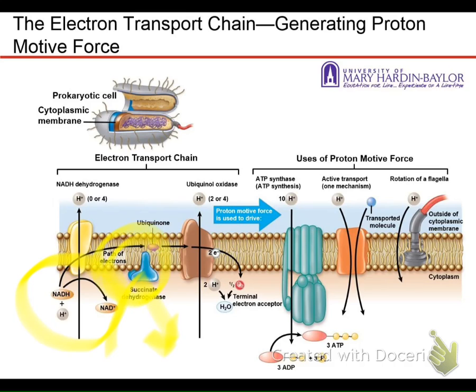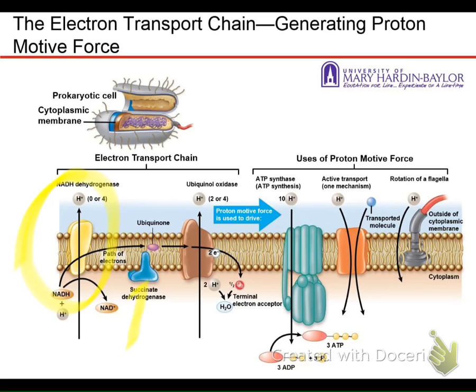Because it feeds in right here, when FADH2 feeds its electrons into the system, they miss this proton pump. And those protons that pump would have pumped out don't get pumped.